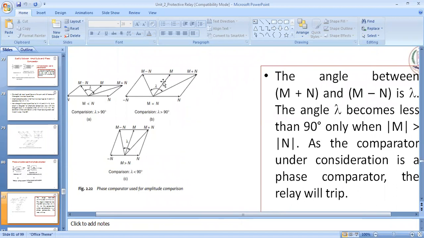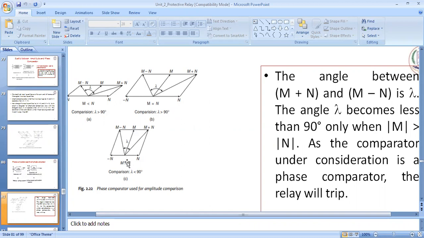Accordingly, M and N we are already aware of. Here the angle will be exactly 90. Don't draw it as greater than 90. Here this only is greater than 90. This will be exactly 90, M plus N and M minus N exactly 90. That alone you have to change.